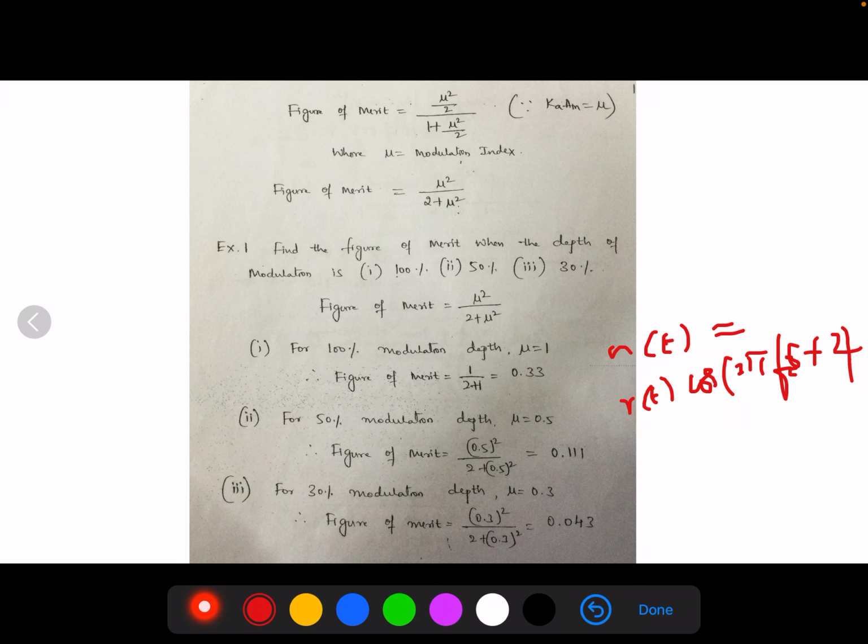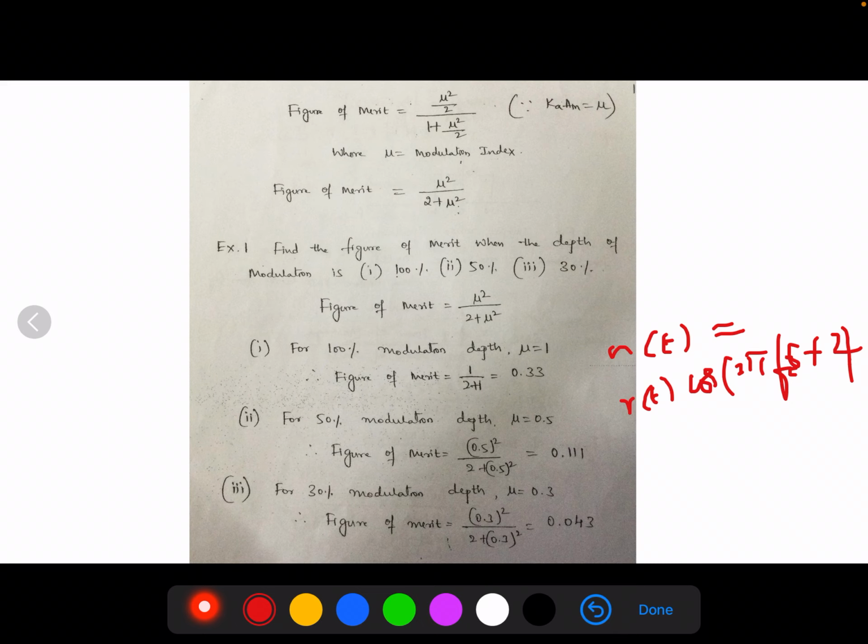So the corresponding phasor diagram for the detector input x of t is equal to s of t plus n of t, where we have used the noise as the reference because it is now the dominant term.